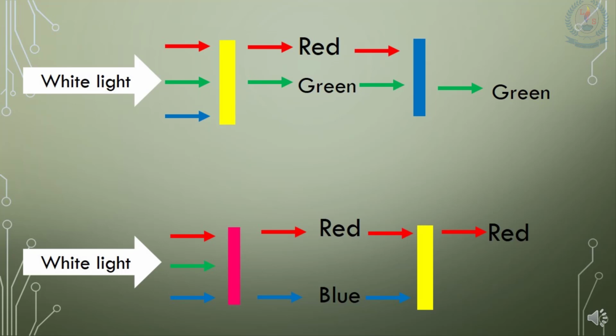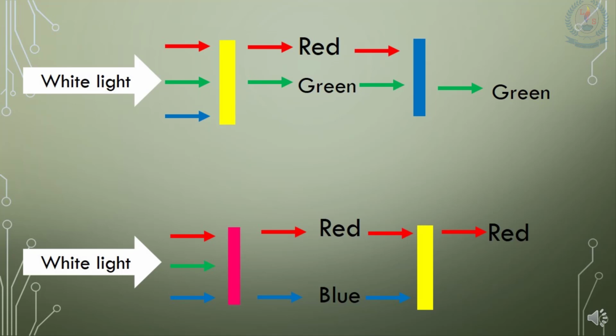Now children, in front of the beam of these two colors, we place another light filter, and it is cyan in color. Okay, so now let's see what colors will get absorbed and what colors will pass through that light filter.